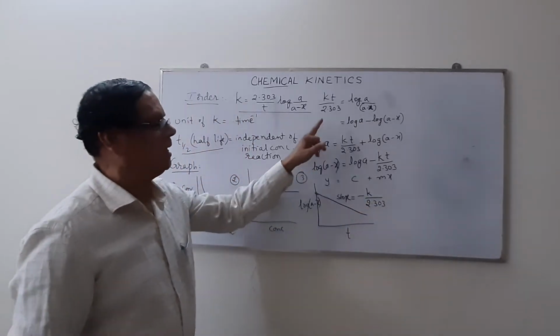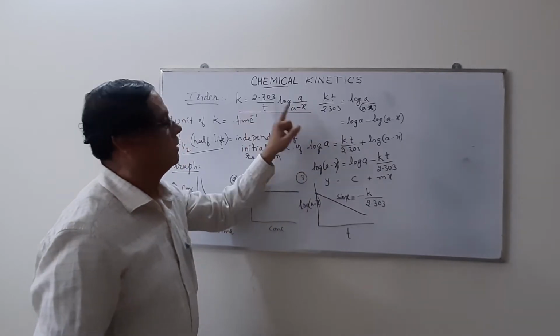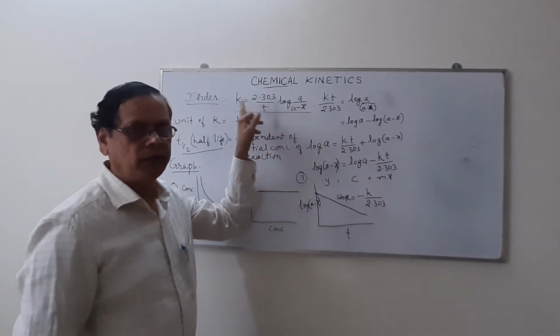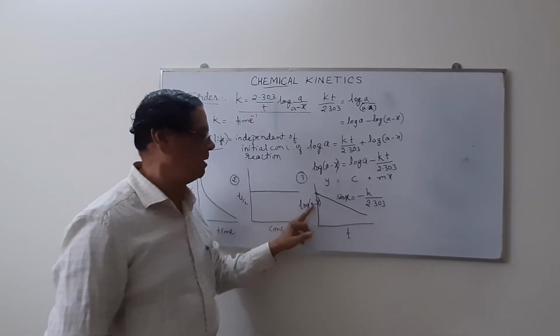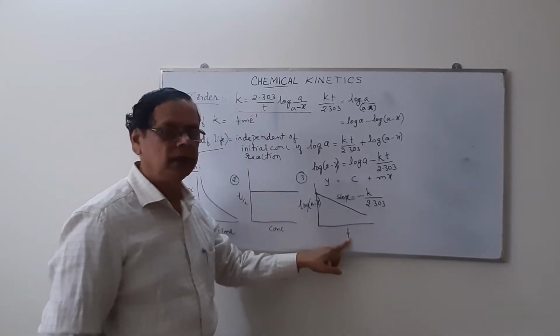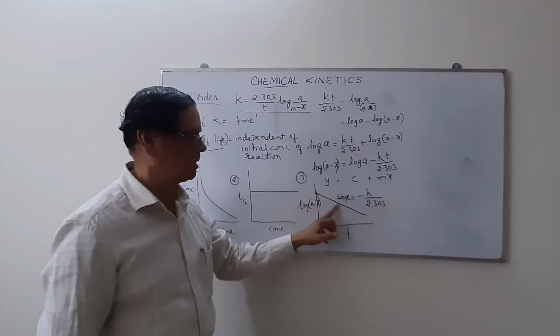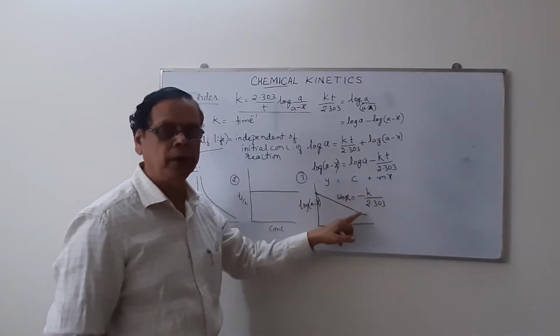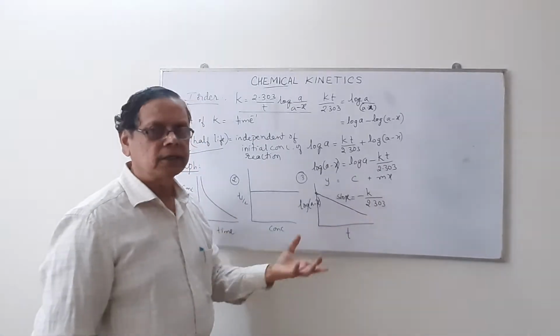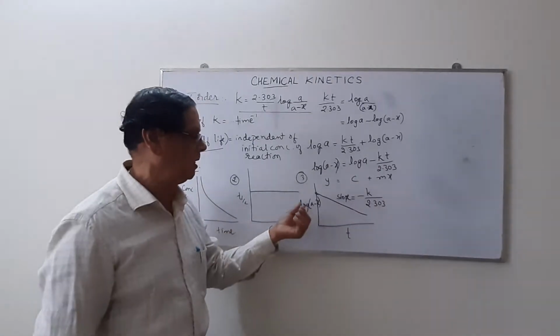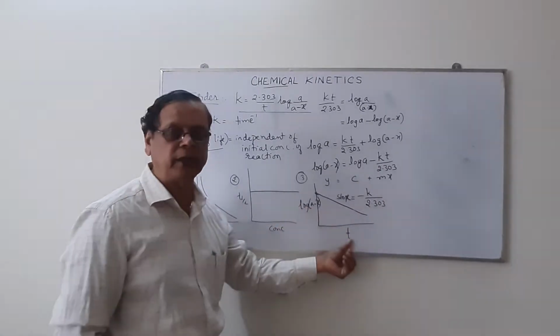So when you rearrange this equation for the first order kinetics, velocity constant, then if you draw the graph of log a minus x versus t, then we have this straight line with the negative slope and slope being minus k by 2.303.